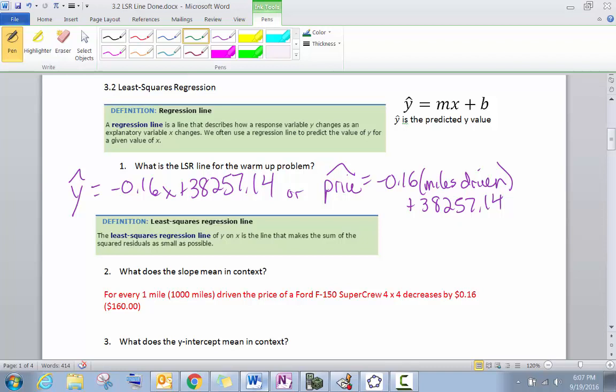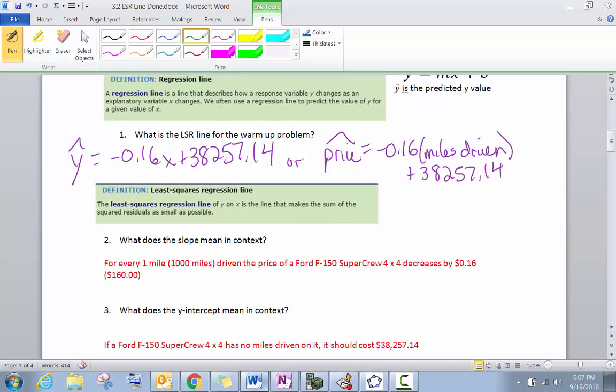What does a y-intercept mean? Well, that's our y value when x is 0. So if x is 0, meaning it has no miles driven on it, then it should cost $38,257.14. So our slope is how much y changes as x goes up 1.